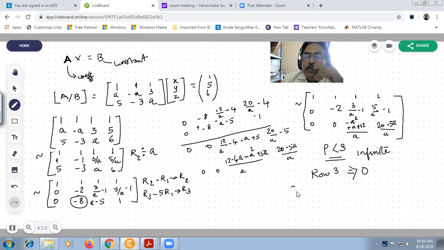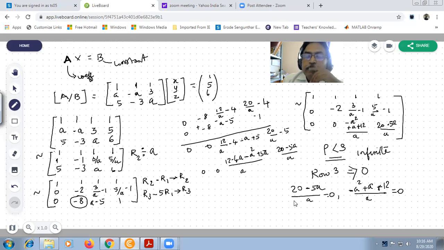So 20 minus 5A by A is equal to 0, comma, minus A square plus A plus 12 by A is equal to 0.